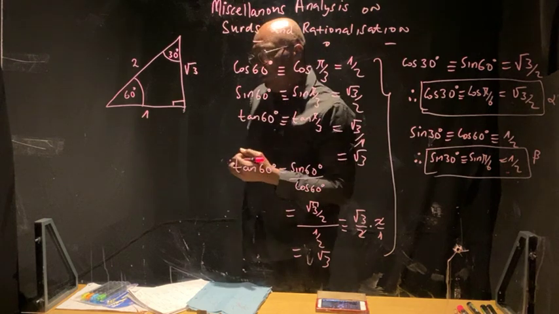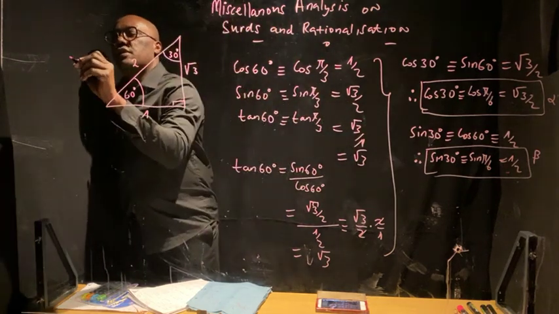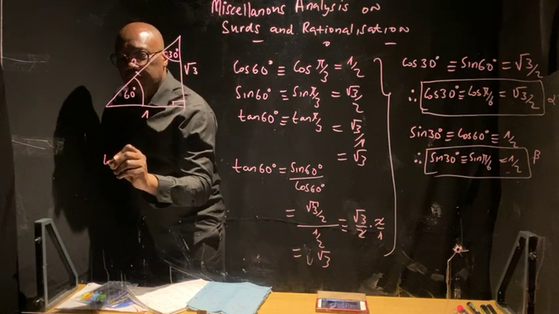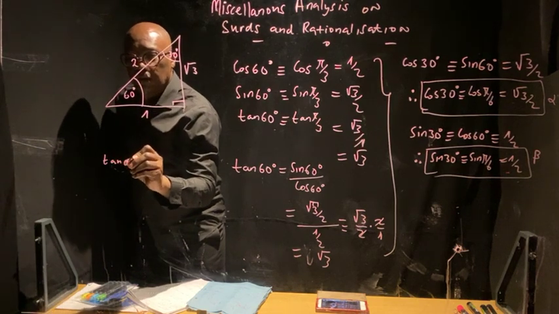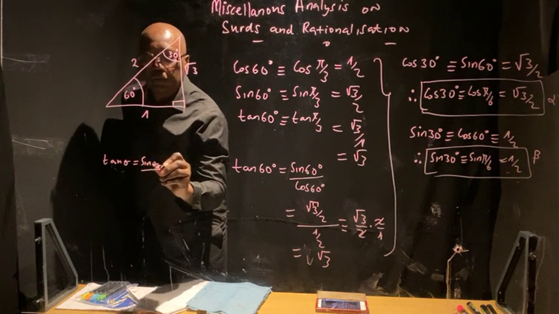In general, in trigonometry, we say that tan theta is equal to sine theta over cos theta.